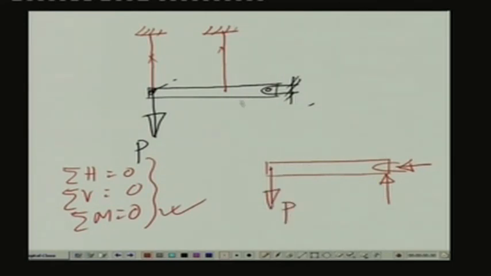Now, the two rods which are supporting this bar will have axial pull in the rods.